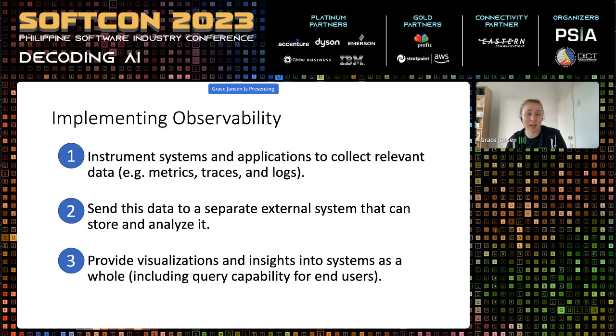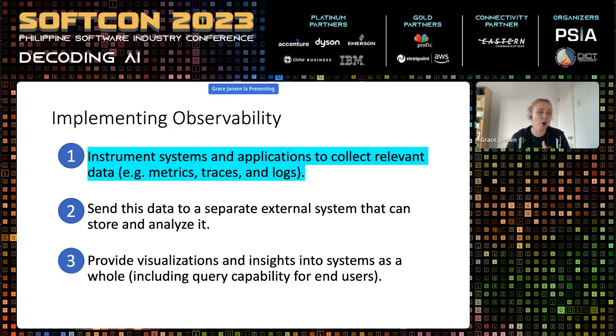But when it comes to the practicality of actually doing this, that's when we start to get into more of the complications and where it can get a little bit hard. So in this presentation, we're just going to focus on that first step, the instrumentation step. Without this step, we can't really do the other two steps, like sending the data and providing visualizations, because if we don't have any data, we're not going to be able to do steps 2 and 3.